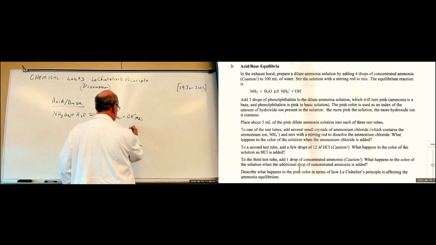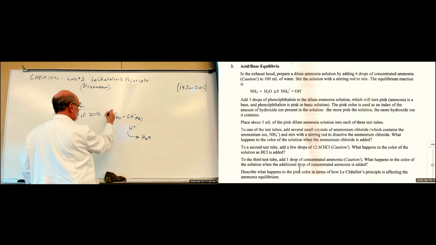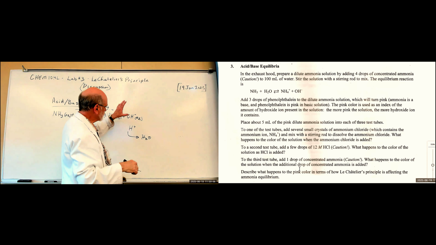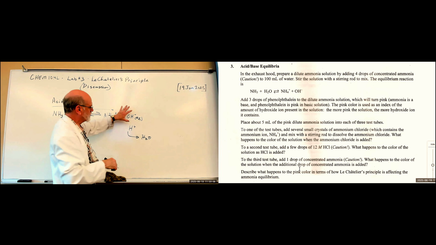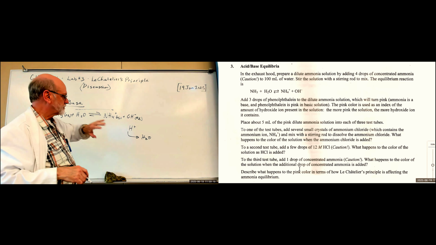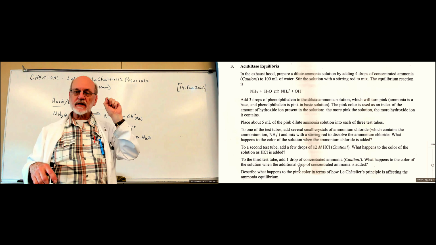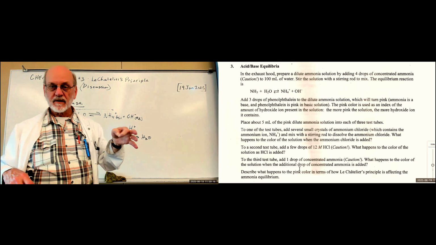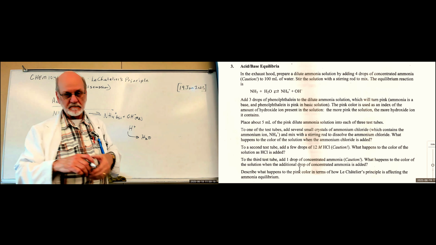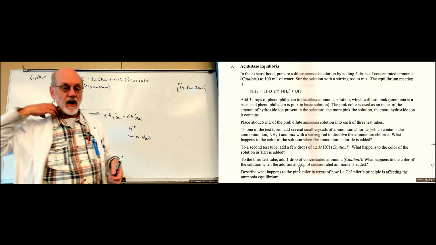We add hydrogen ions here. That makes water. Drive the reaction this way and consume hydroxyls. Eventually, you consume enough hydroxyls where the color indicator goes clear because we've used all of it up. We've consumed all the hydroxyls.